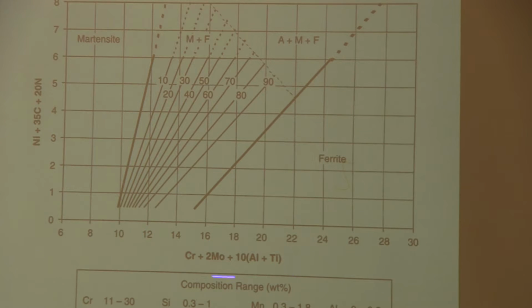We talked about the equivalency relationships. These are the equivalency relationships that I developed for nickel and chromium for this diagram. So it's useful if you're welding martensitic or ferritic stainless steels and you're worried about the amounts of the other phase that you might find.